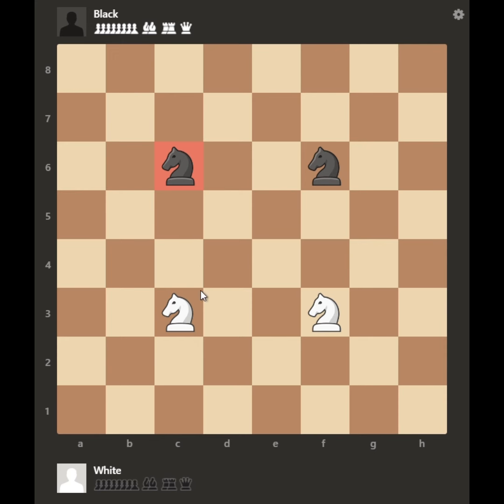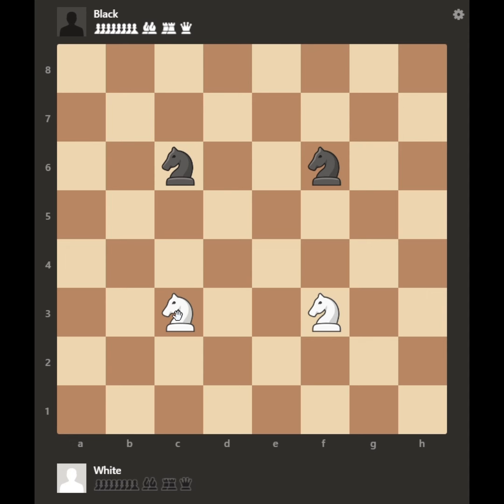You also should remember the color of the square. Suppose F3 is a light square, and F6 is the opposite of that, a dark square.